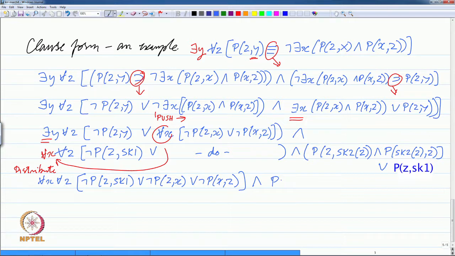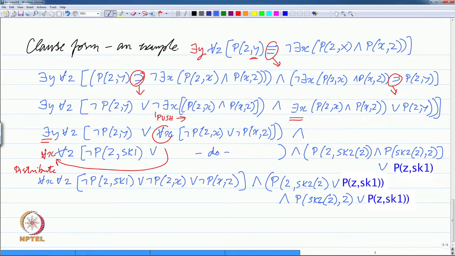So, we get p z sk2 of z or this p z y. So, this becomes another clause, and p sk2 of z comma z or p z y. This becomes the third clause. So, we are left with 3 clauses.